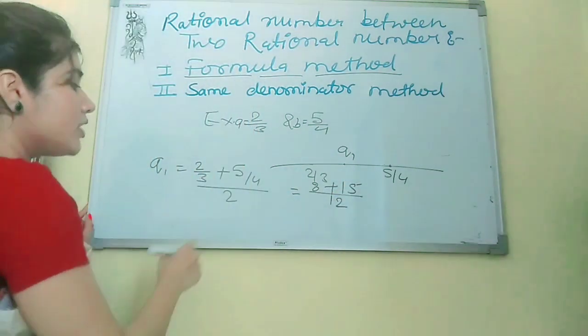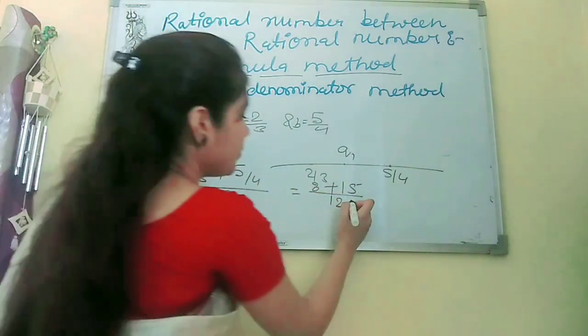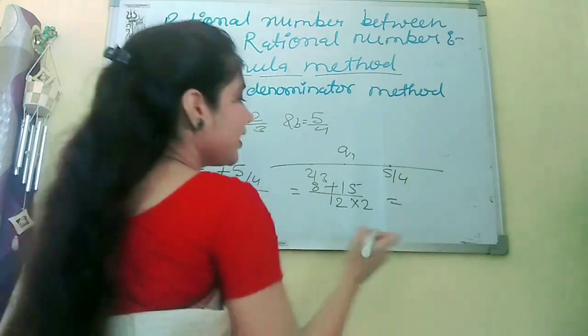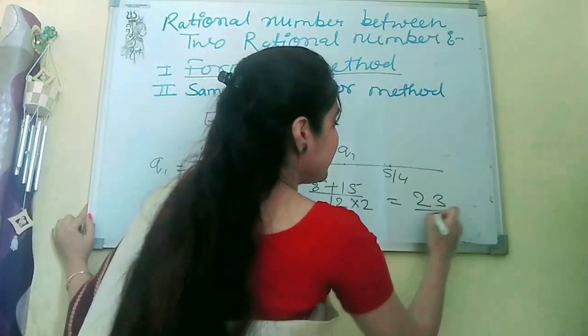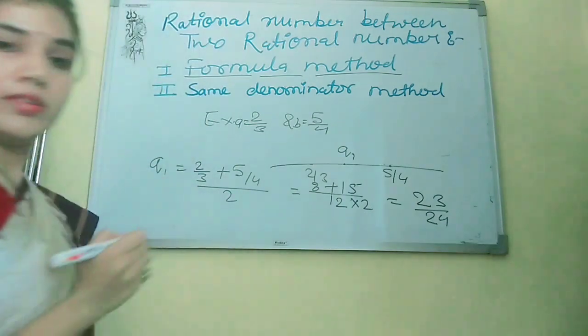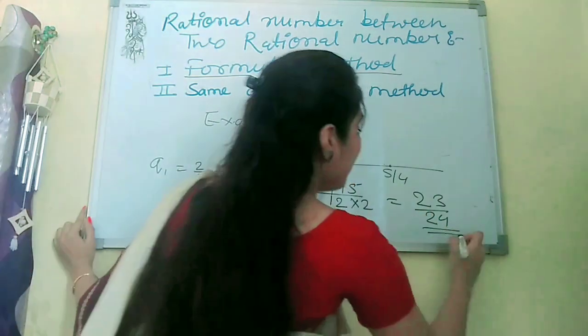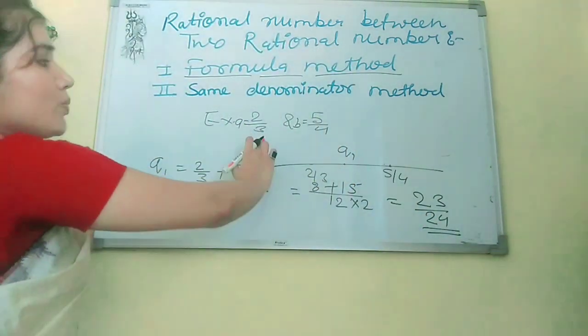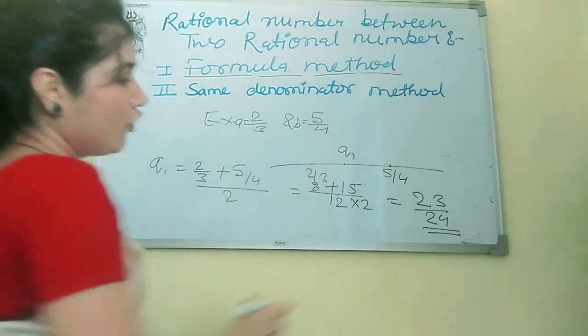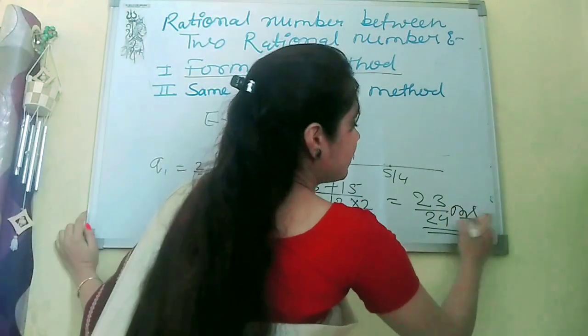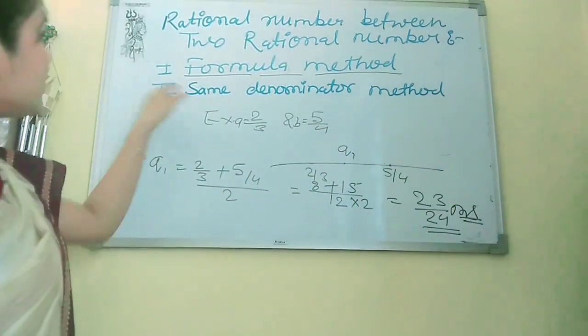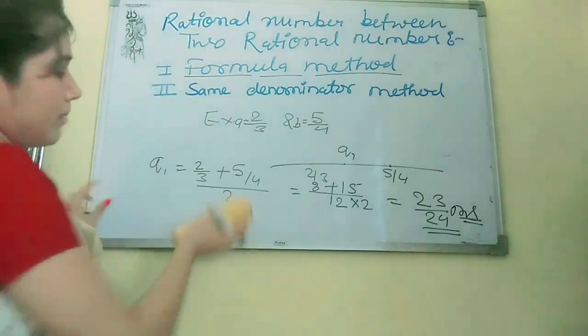And this 12 will come down and multiply with the 2. So what will we get? 23 by 24. This is the rational number which is lying between 2 by 3 and 5 by 4, our answer.